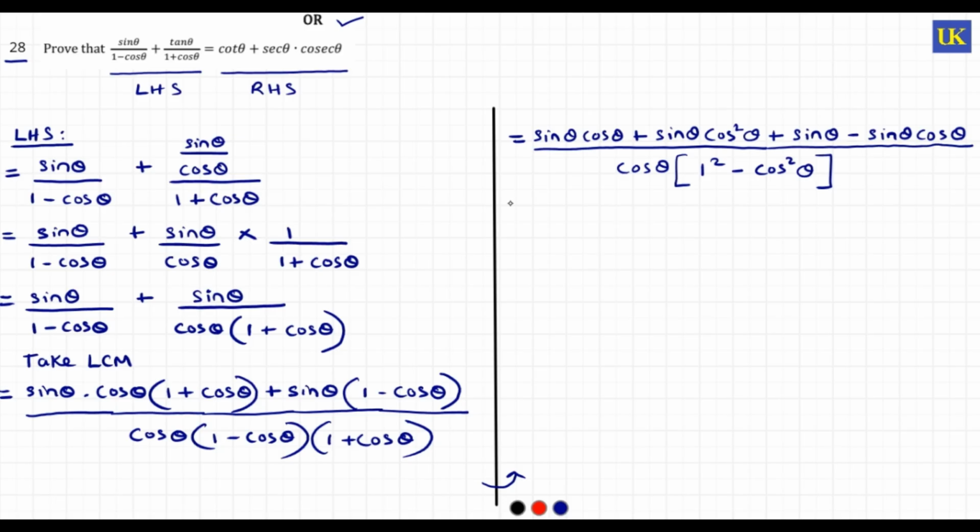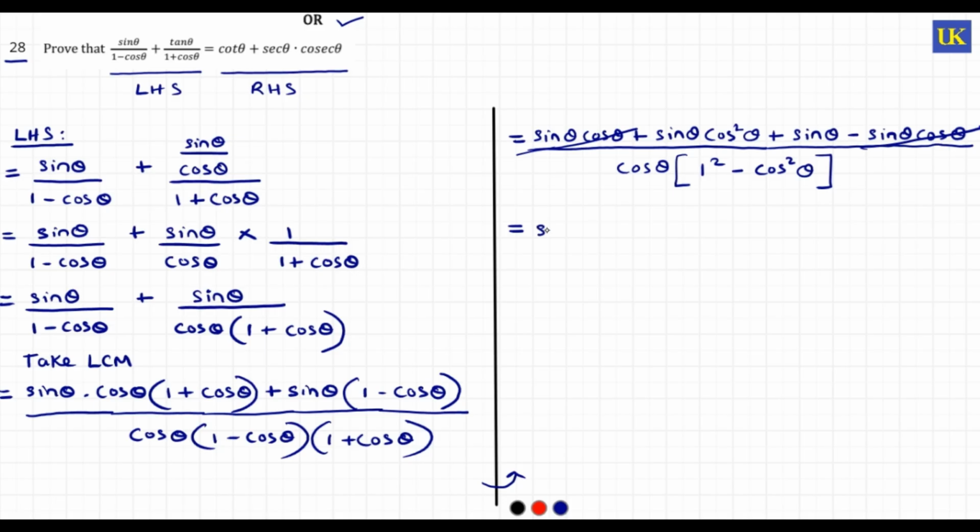All right. So now we can do one more thing here. This sin theta cos theta we will cancel, and this is minus, so this minus sin theta cos theta will get cancelled, and what is remaining we'll write.